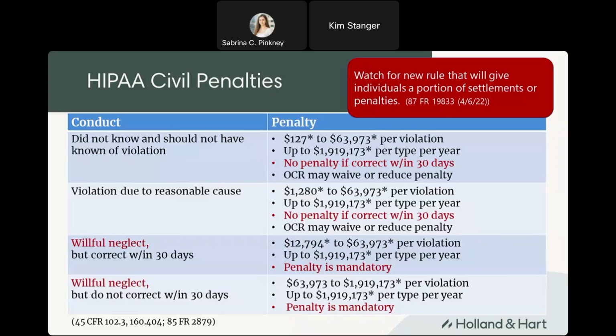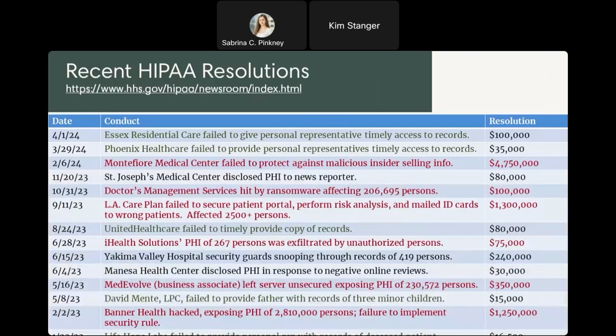But if you act with willful neglect and you fail to correct it within the 30 days, then the penalty can be up to $64,000 to about $2 million per type of violation per year. So you want to make sure that you appropriately address these issues.